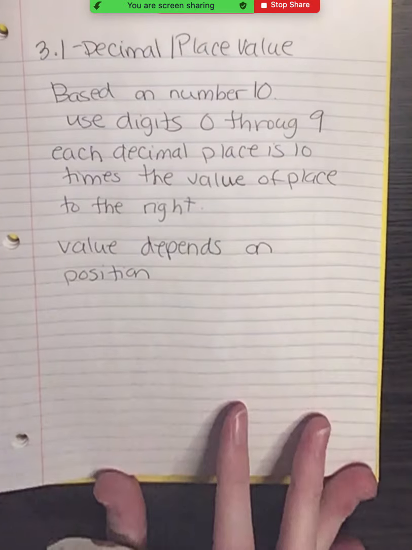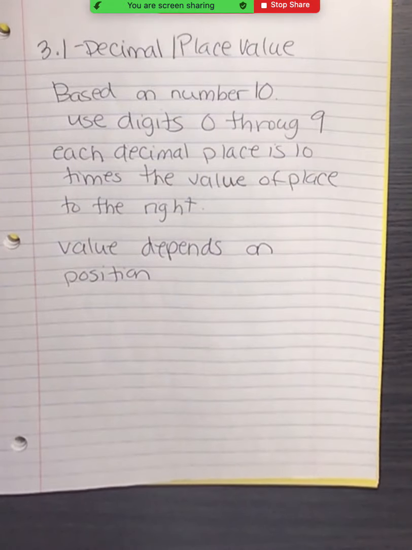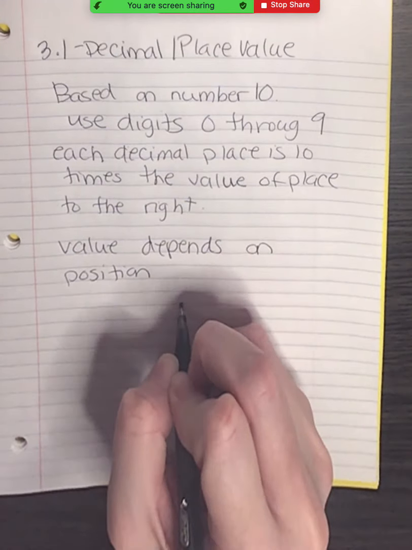Okay, so we can use our place values, right? So if we start looking, we have a decimal place.